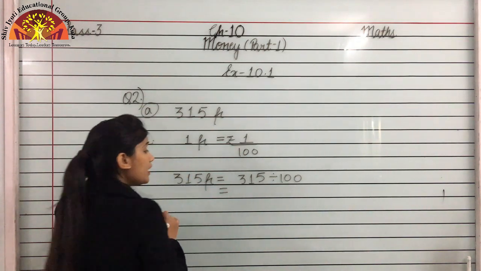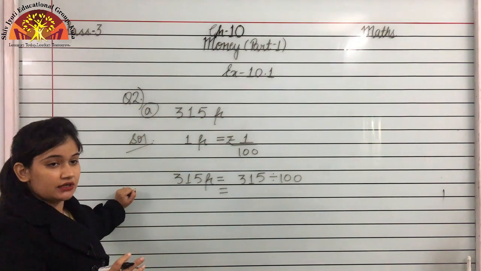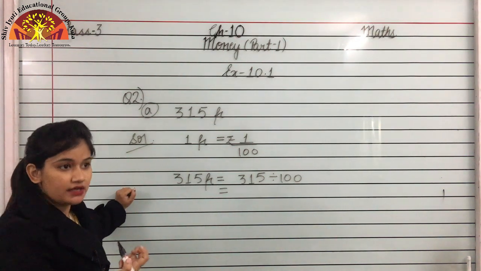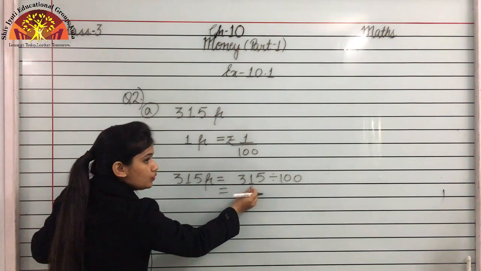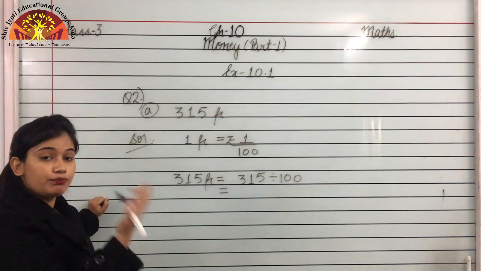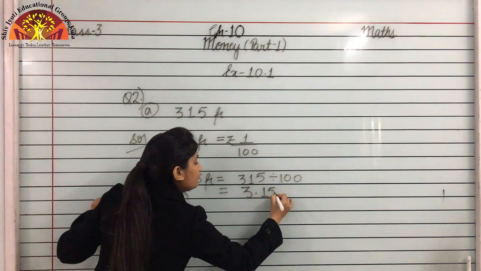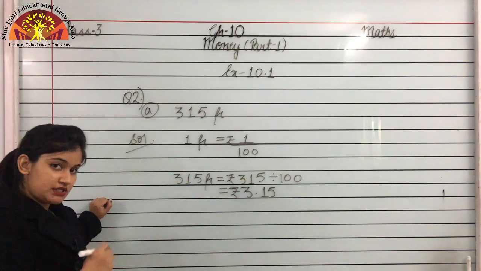Now how can we divide this 315 by 100? Very simple method. Simply we have to count 2 digits. What did I say? We have to count 2 digits from the ones place, 1, 2, and we have to put a decimal before 2 digits. So now 3.15, and this will be rupees. I am repeating it again.